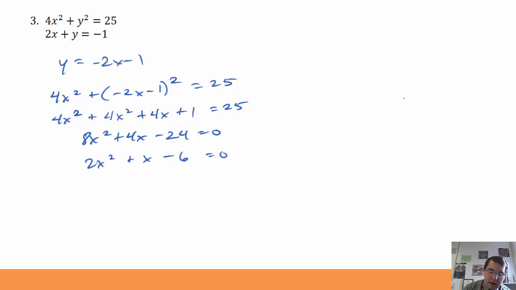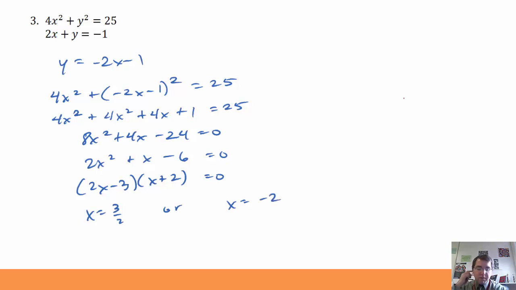And I can factor that, and it factors nicely as 2x minus 3 times x plus 2, which means x equals 3 over 2, or x equals negative 2. But remember, I'm not done there. I have to find the y values that go with each of those. So I'll substitute 3 over 2 in, and I'll find y that goes with that.